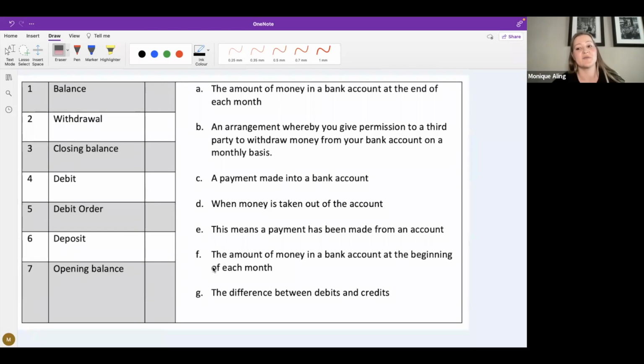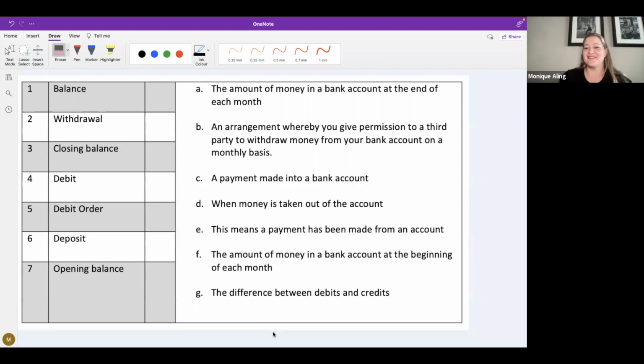So let's start with the first term that you should be familiar with, the word balance. Is there anyone that could tell me which letter, which definition matches the balance? So A, B, C, D, E, F, or G? Don't be shy, guys.